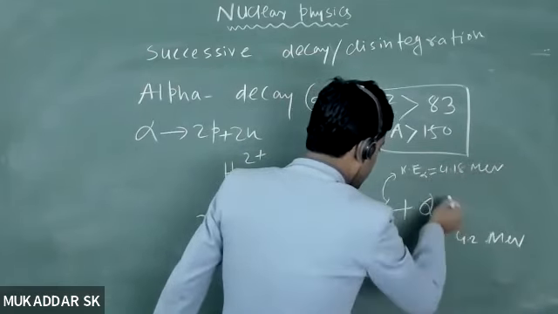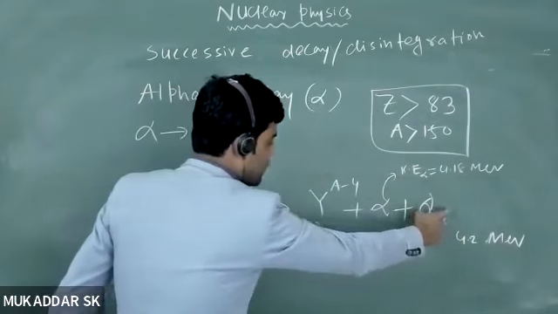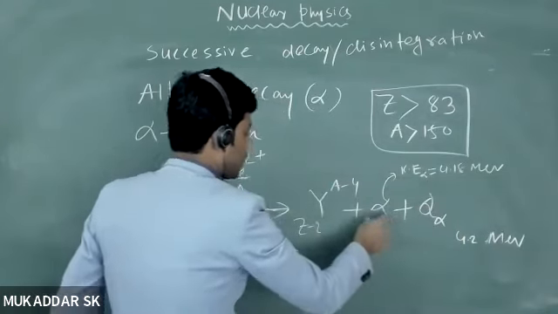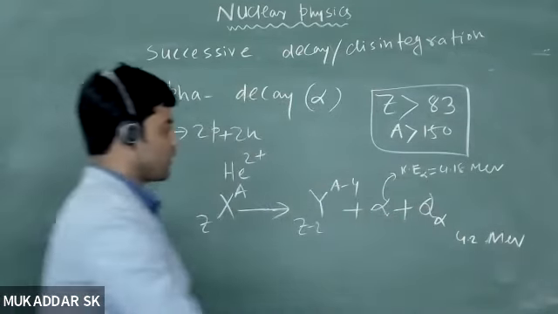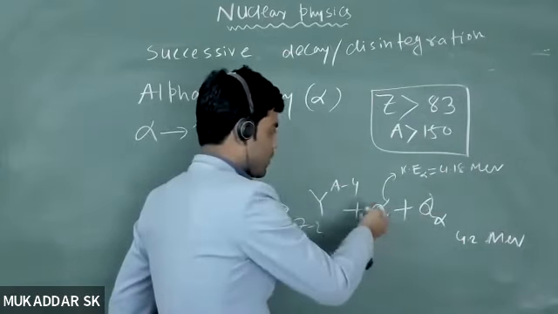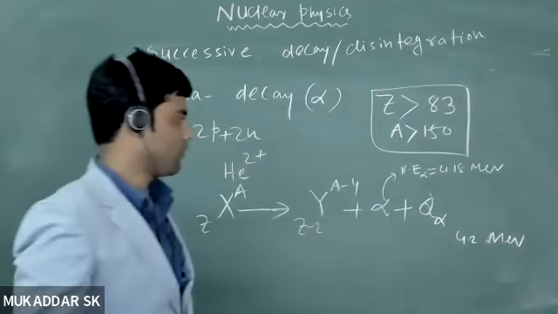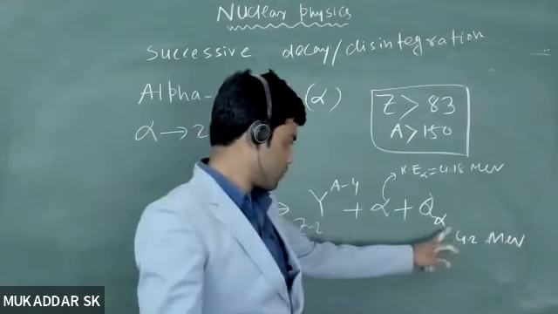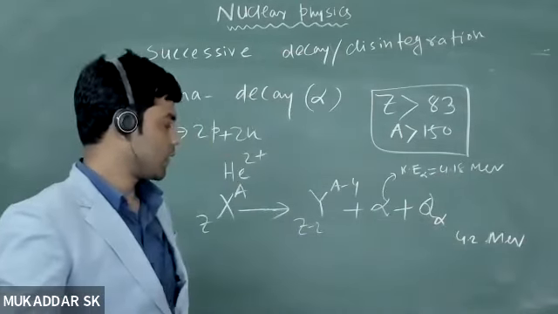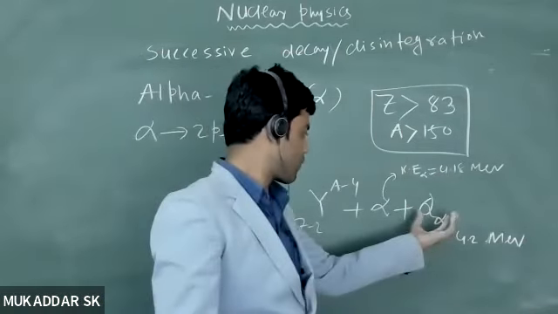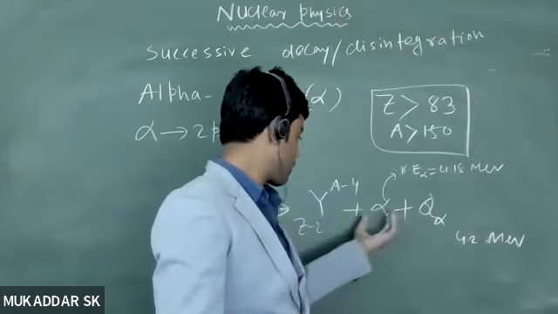So the energy being released is in the form of kinetic energy of the products. However, almost all the energy is released in the form of kinetic energy of the alpha particle. That's why I am using this symbol.